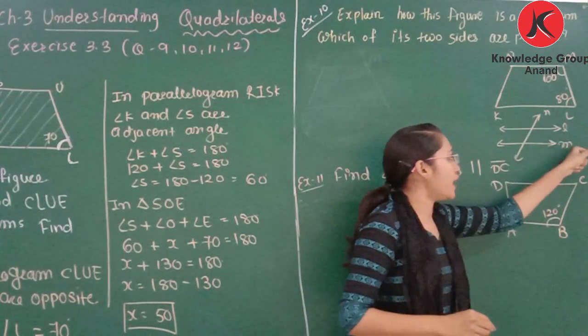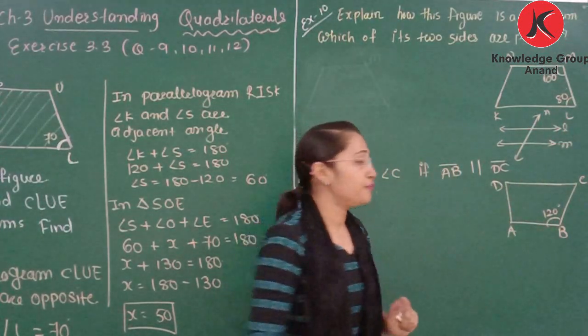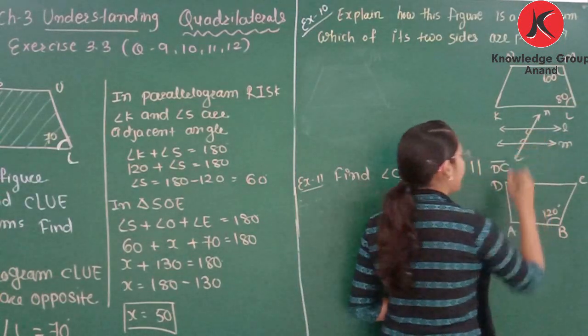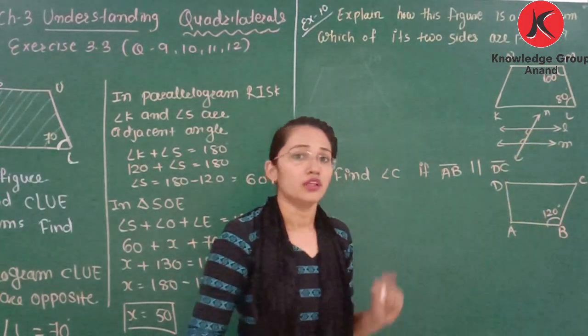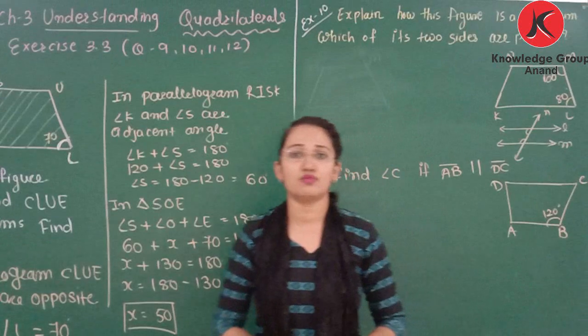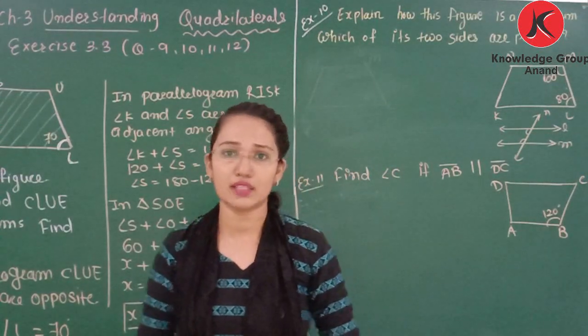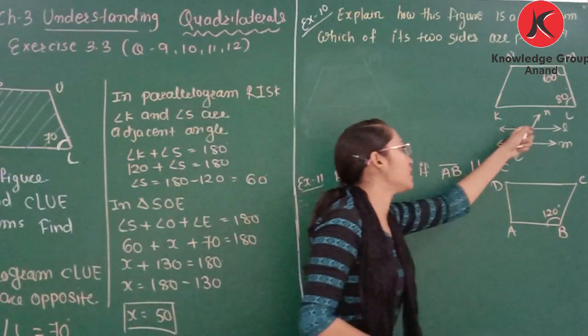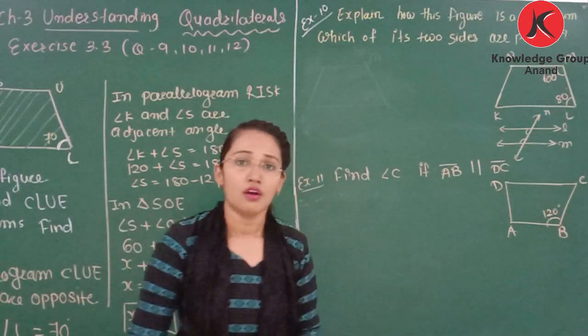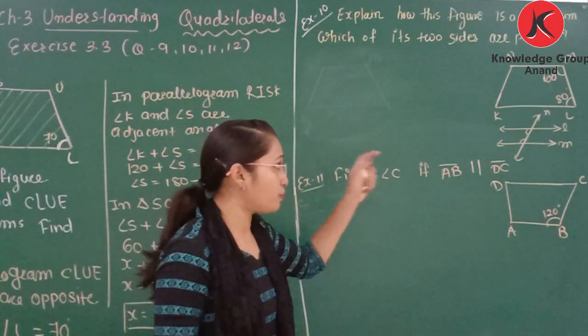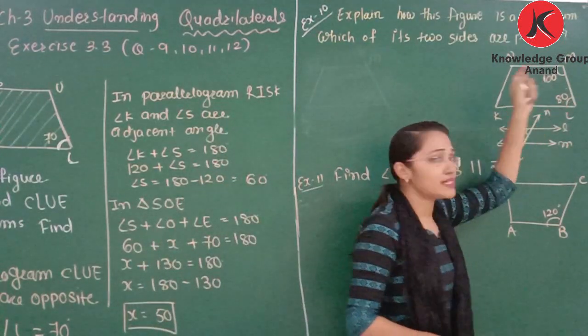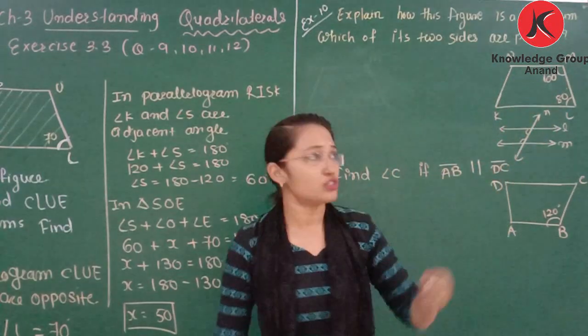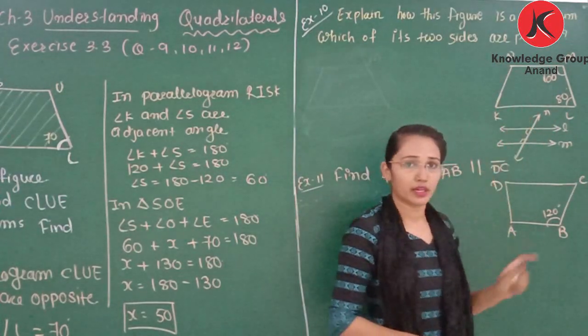So when are L and M parallel? The property of parallel lines is that interior angles are supplementary. That means if you add the interior angles, what do you get? 180. Clear? So if we prove that these interior angles are supplementary, then these two lines are parallel. Clear?